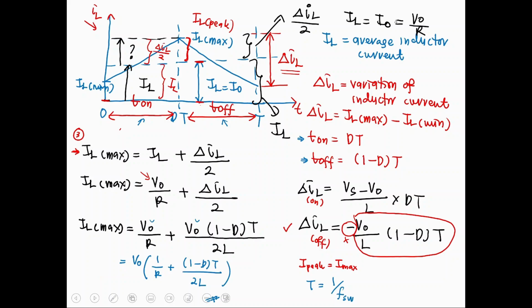To find the minimum inductor current, basically we use the same equation as IL max. The only difference is that we change the sign. So for minimum inductor current, it will be IL minus delta IL over 2, which, if we substitute the equation, is V naught over R minus V naught 1 minus T times T over 2L.